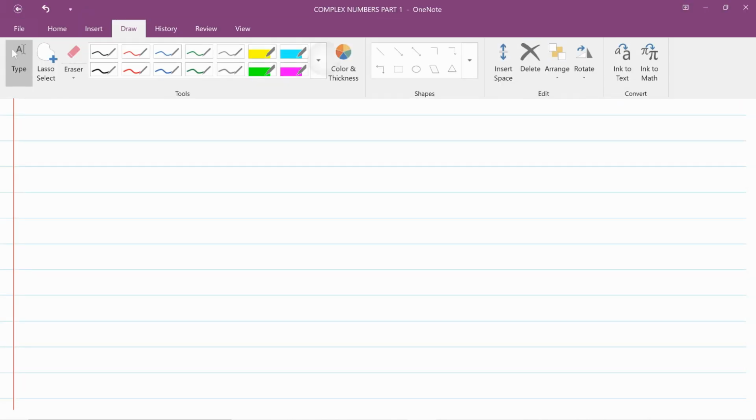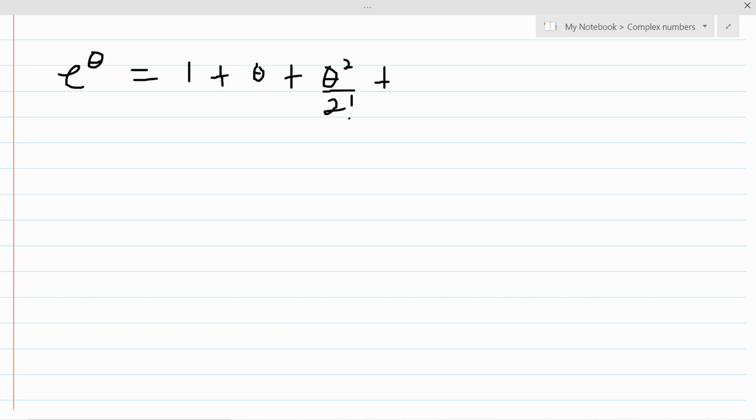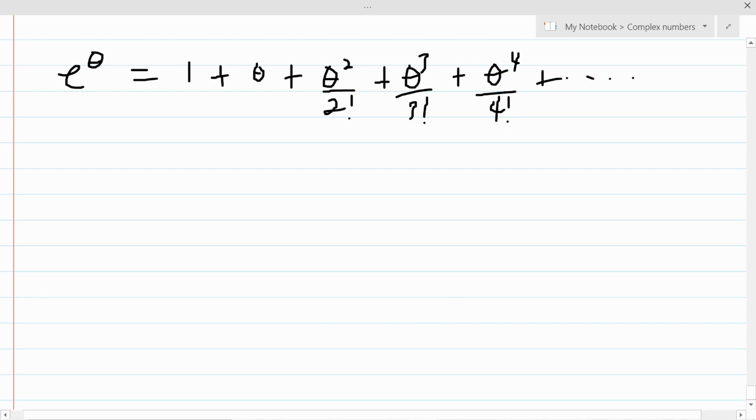From Taylor series, e to the power theta is equal to 1 plus theta plus theta squared over 2 factorial plus theta cubed over 3 factorial plus theta to the power 4 over 4 factorial plus like that.